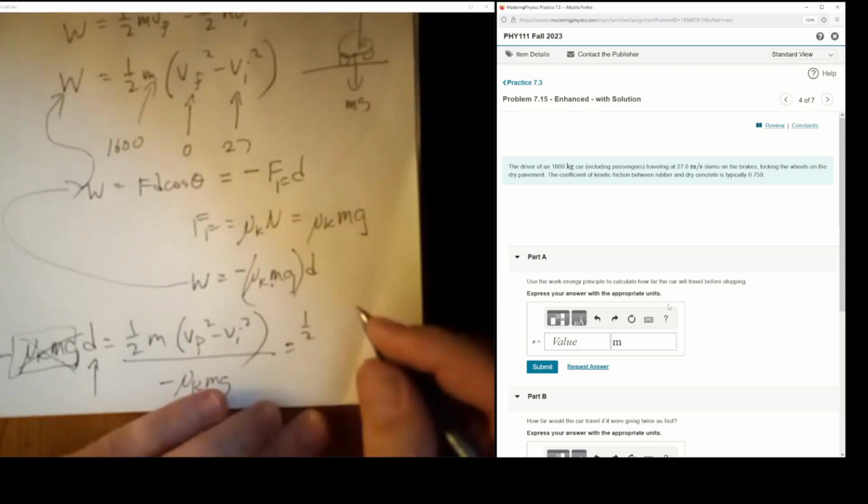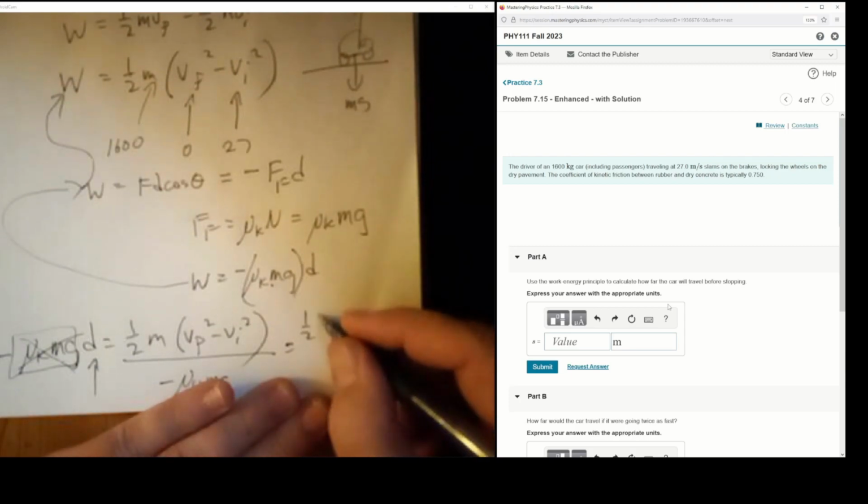So we would have the mass 1600, and remember, velocity final is 0. So we get a negative velocity initial, so 27 squared, which is 729. And that's all divided by minus mu k, 0.75, times m g, which is the weight of the car.